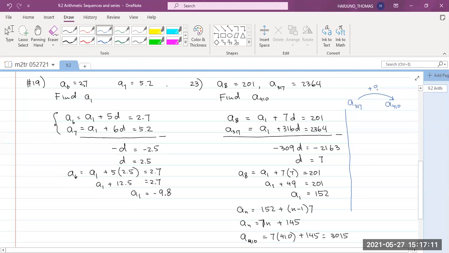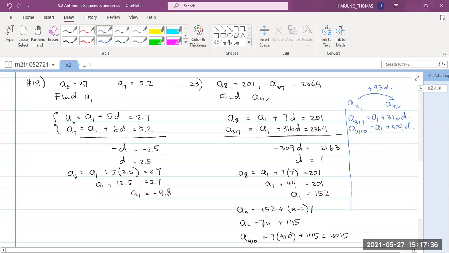You need to add 93 Ds. Is it right? Okay, the 317th is the first term plus 316 Ds, right? While the 410th is the first term plus 409 Ds.